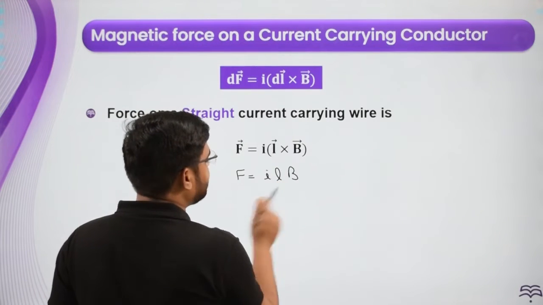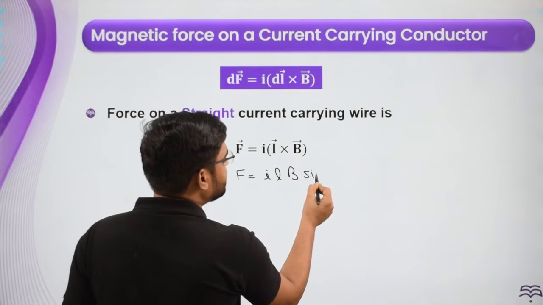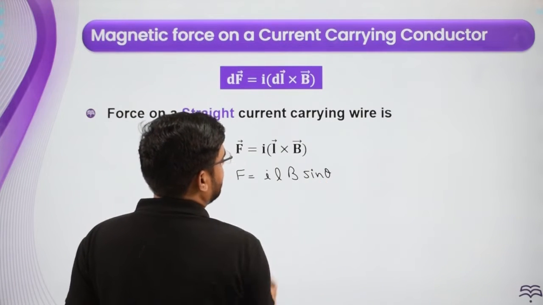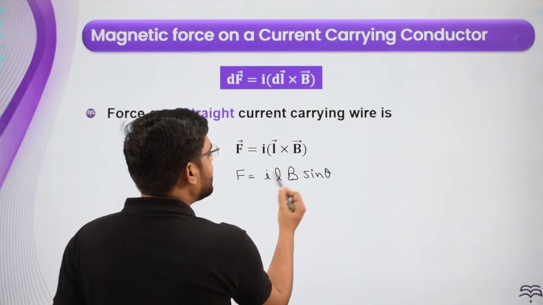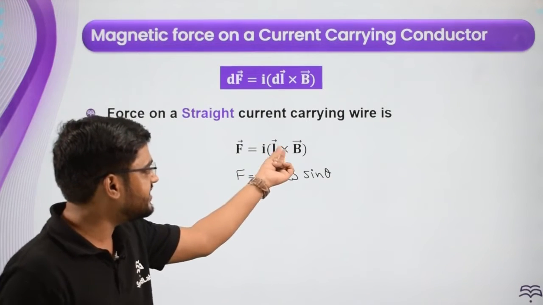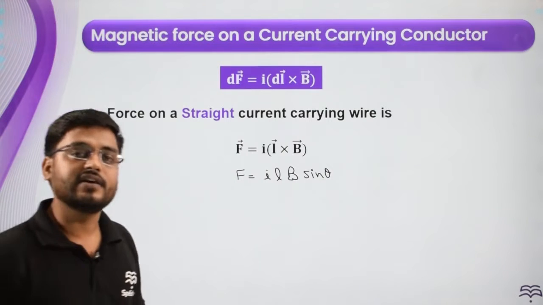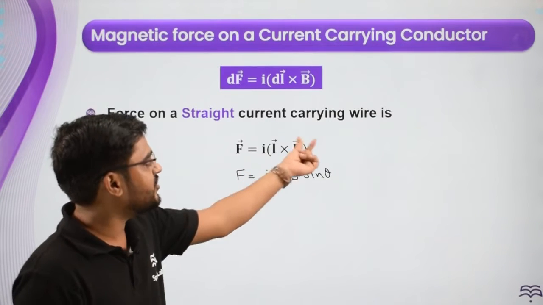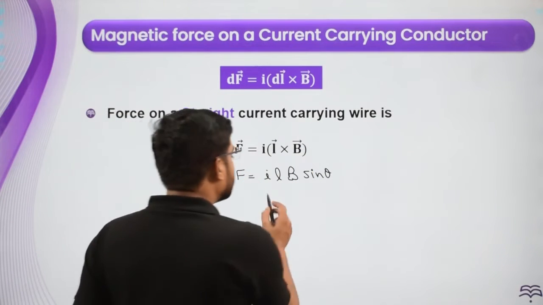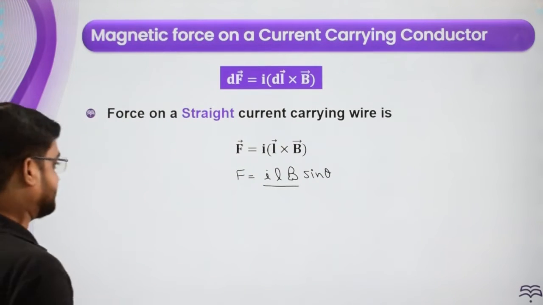I would suggest that you remember it like that, not as BIL sine theta, because when you remember it that way, the two vectors get exchanged. And if the order is changing, then the direction of force will be the other way around. So make sure that it is L cross B. That's why it is suggested that you remember ILB, not BIL.